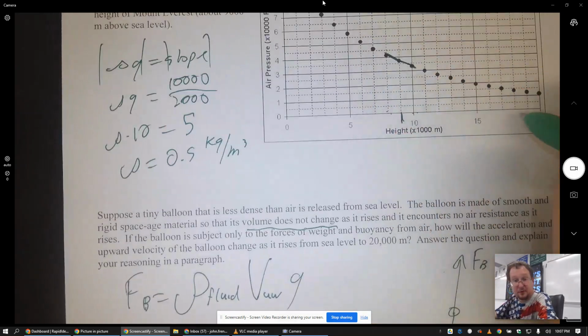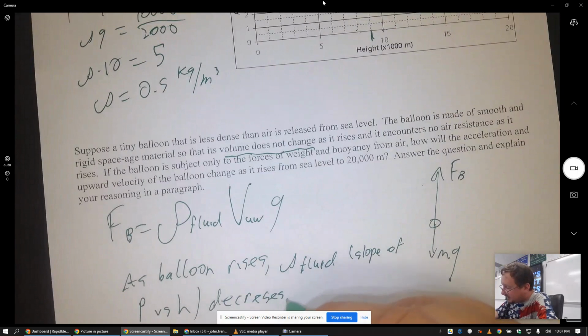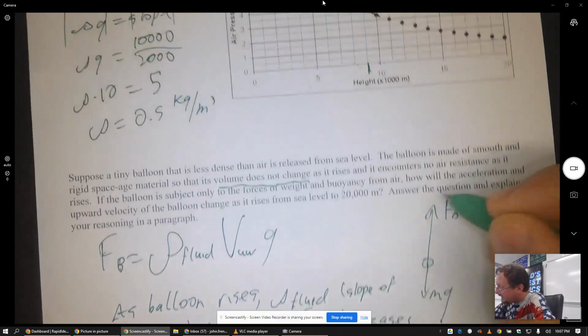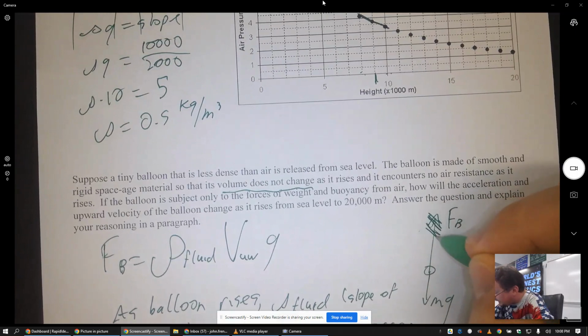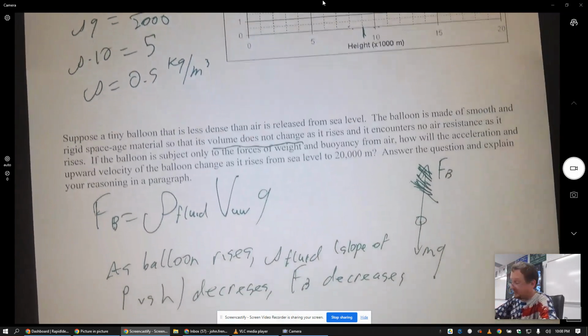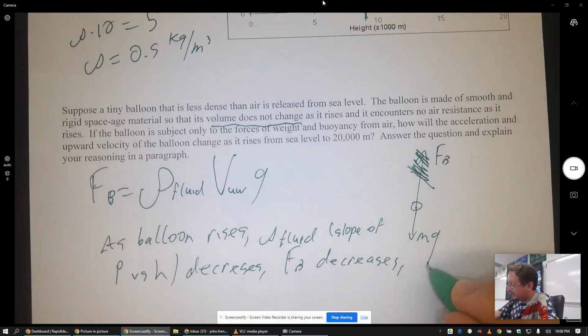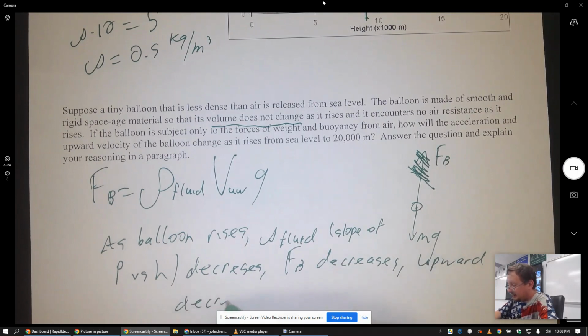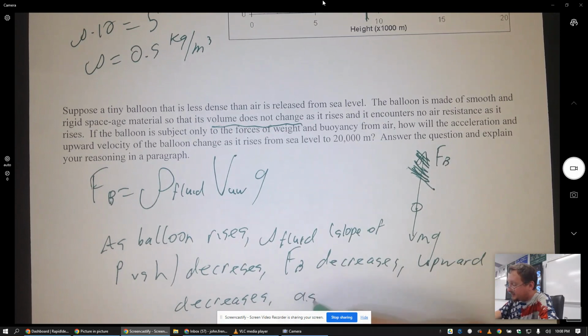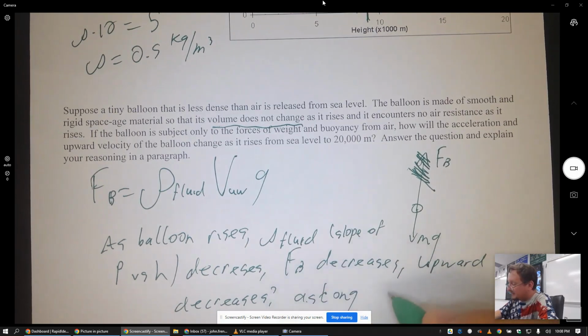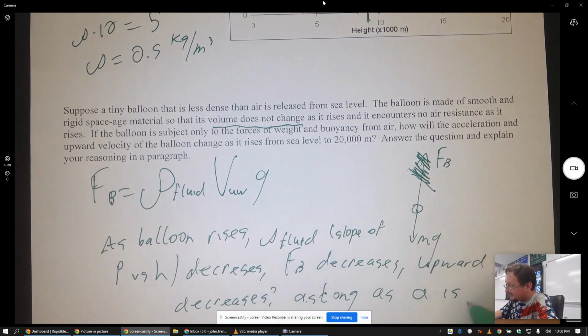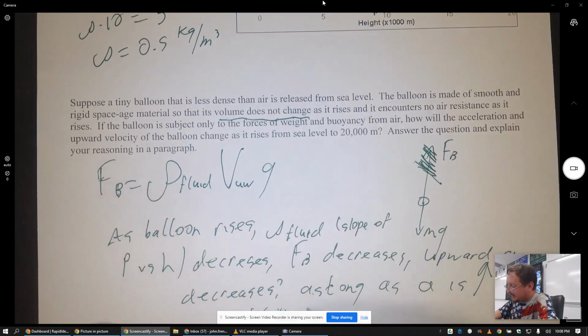You see that here, the slope decreases. So the force of buoyancy decreases. What that means is that the upward force is getting less and less. That means the upward acceleration decreases, right? But as long as the acceleration is upward, the velocity increases.